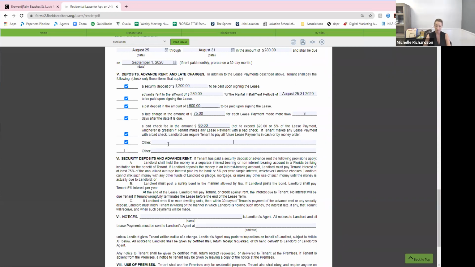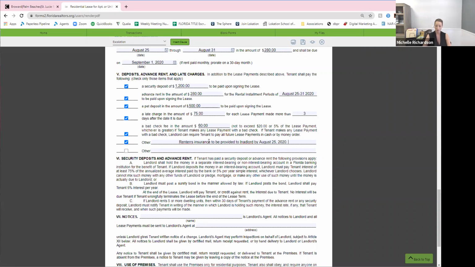Another thing that I've seen people put here is if you want to require renter's insurance to be provided to landlord by August 25th, 2020.